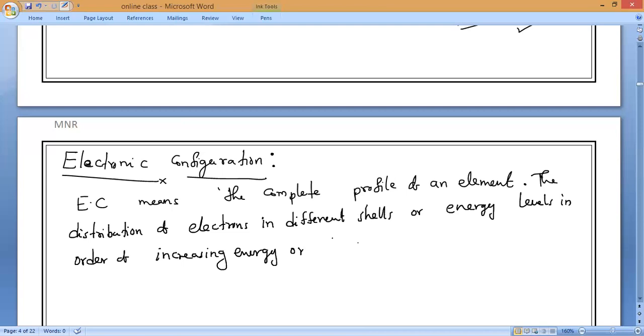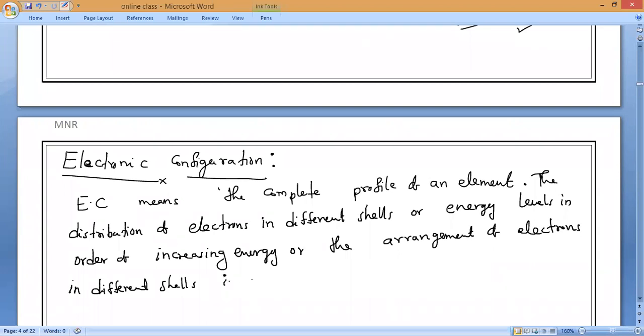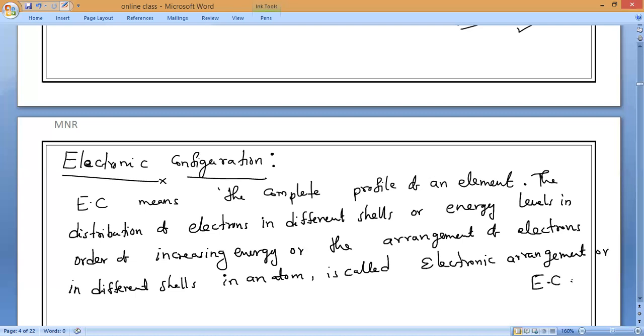or the arrangement of electrons in different shells in an atom is called electron arrangement, or we can say electronic arrangement or electronic configuration.